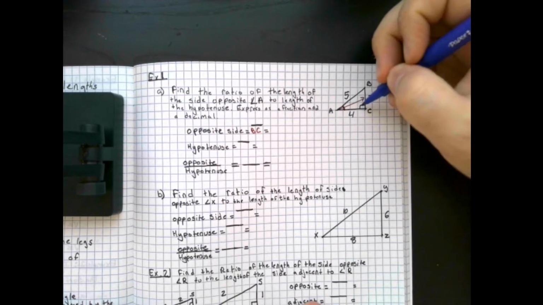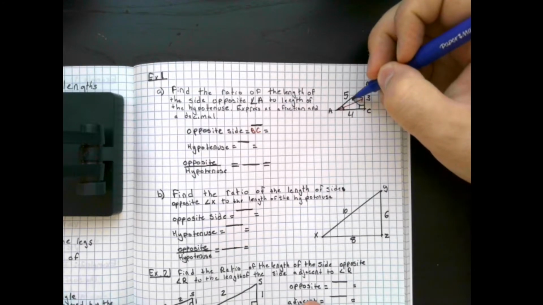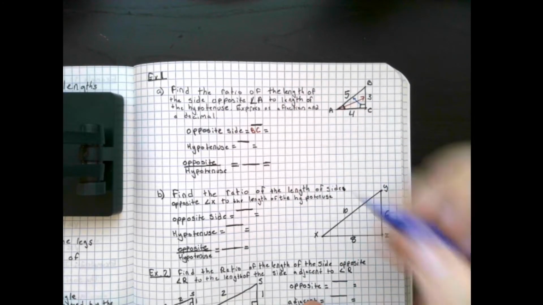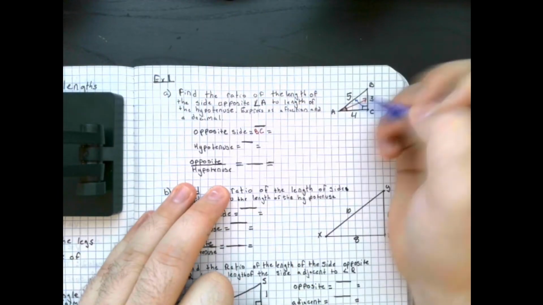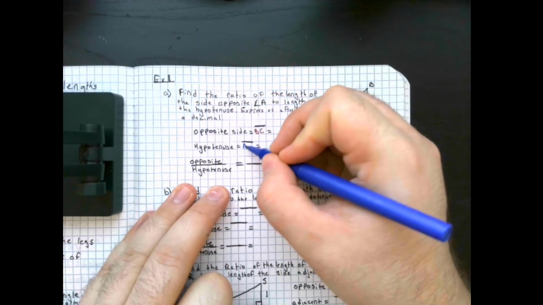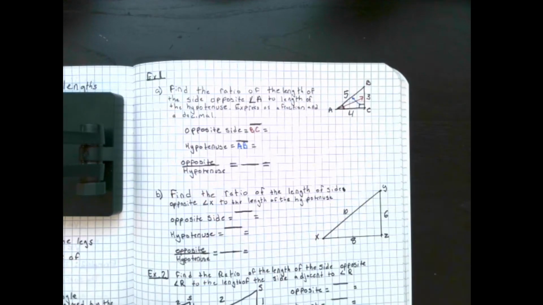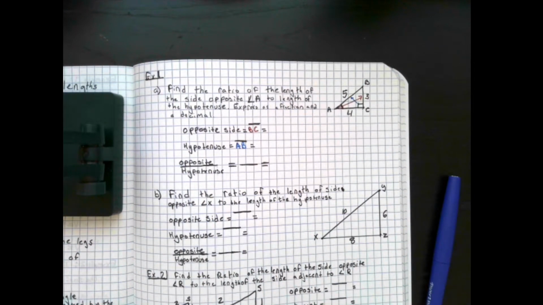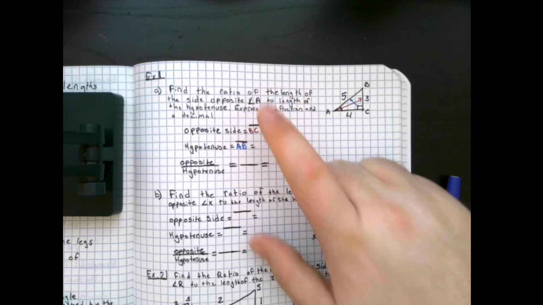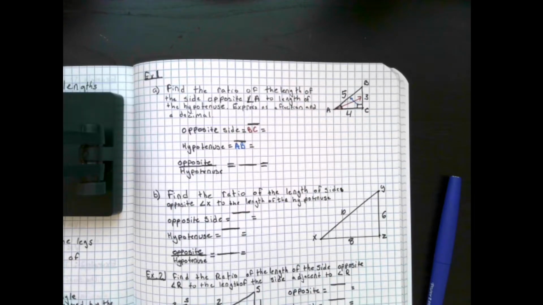In order to find the hypotenuse, remember that the right angle points at the hypotenuse, so that means that's side AB. Now, it's important to note here that the opposite and the adjacent are dependent on the angle we're talking about. In this case, the problem said angle A, but the hypotenuse is always across from the right angle, regardless of which angle you're starting off looking at.